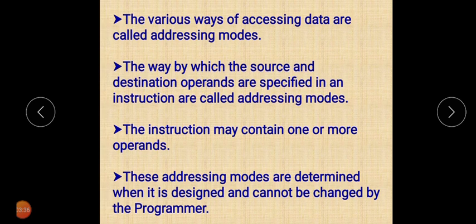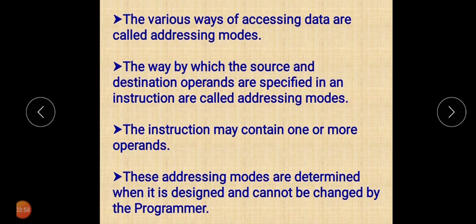What are addressing modes? These are the different ways of accessing the data. In how many different ways you can access the data are called addressing modes, and we can also define them as the way by which we specify the operands in an instruction.